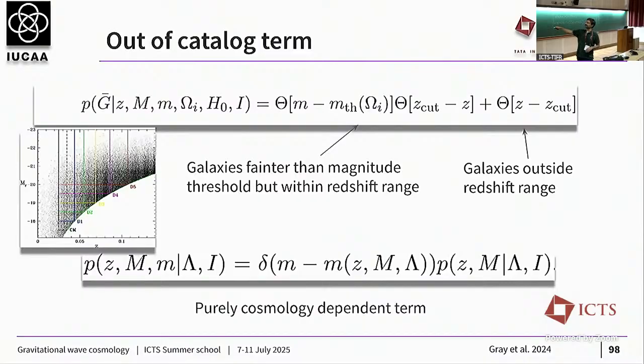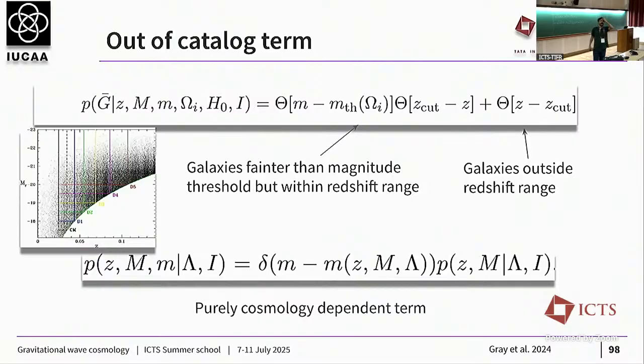Brighter galaxies are up here because I've reversed the scale. Fainter galaxies are down here. So what do you see? You see that at low redshift, you can see all the faint galaxies as well as the bright galaxies. As you go further and further out, you only see the brighter galaxies, you don't see the fainter galaxies.